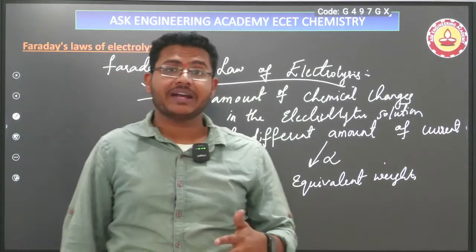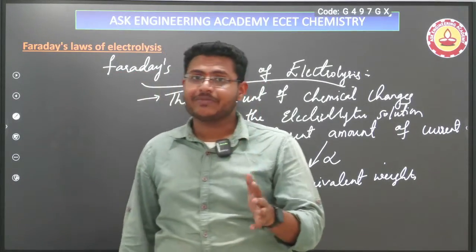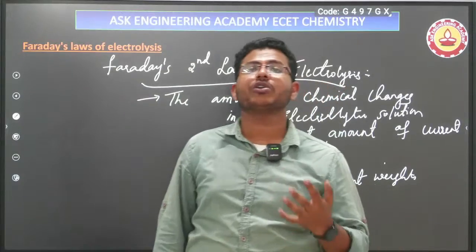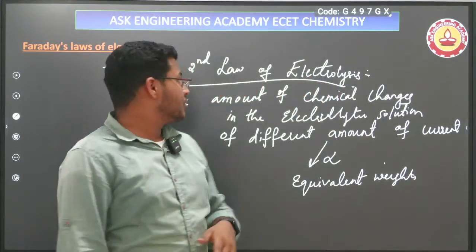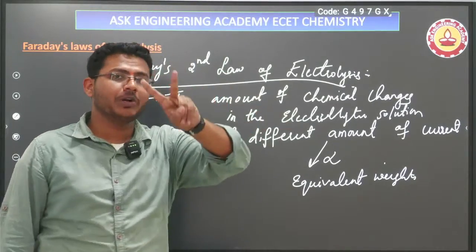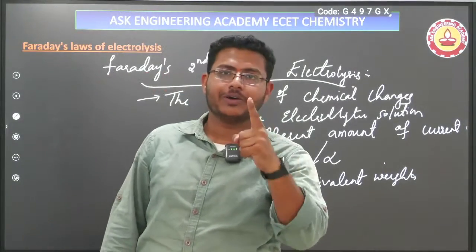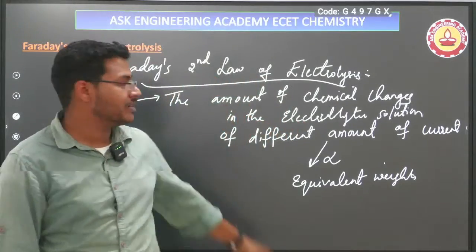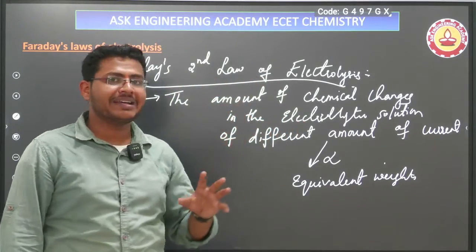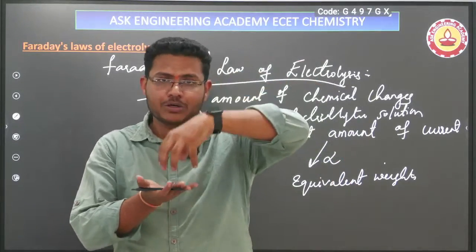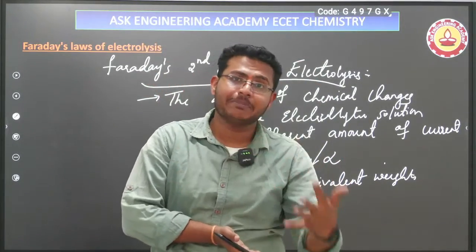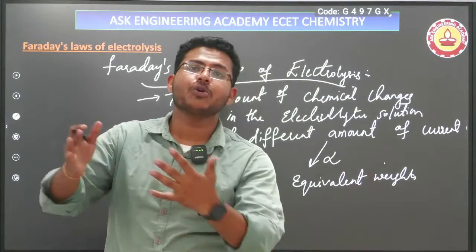Who is Faraday? Faraday is the father of electrochemistry, along with Alan J. Bard. Faraday proposed two important laws: the first law of electrolysis and the second law of electrolysis. The first law of Faraday states that the amount of electrode deposited is always directly proportional to the amount of electric current we are applying.